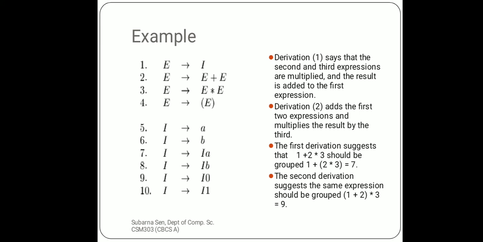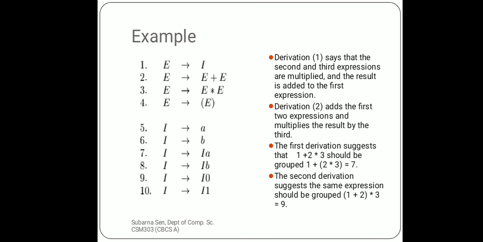So it forms two different groups. If we evaluate it, it will give 1 plus within bracket 2 star 3, which results in 7. But if we follow the second approach, it will give 9.